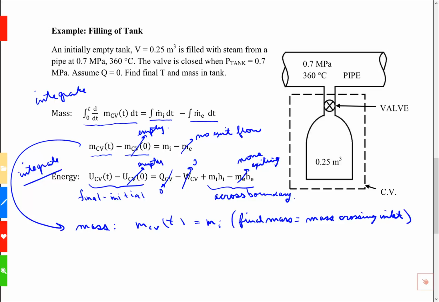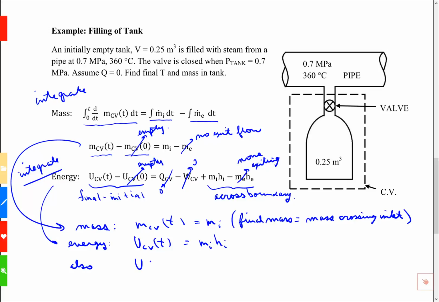And our energy balance also reduces down to two terms. It says that the final control volume internal energy is equal to the mass in the tank times the enthalpy that crossed the boundary.